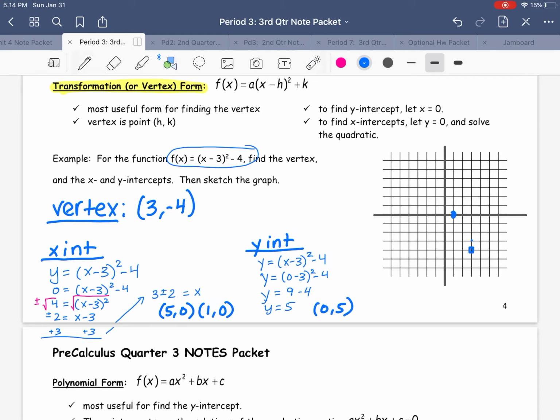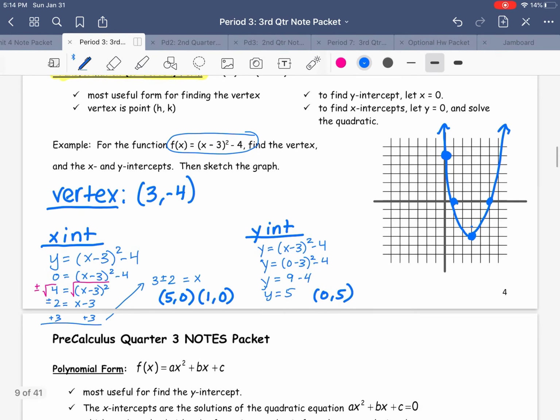Plot your x-intercepts. And plot your y-intercept. Feel free to press pause if I'm moving too quickly. And then connect up into a U-shaped graph, and you've graphed your parabola.